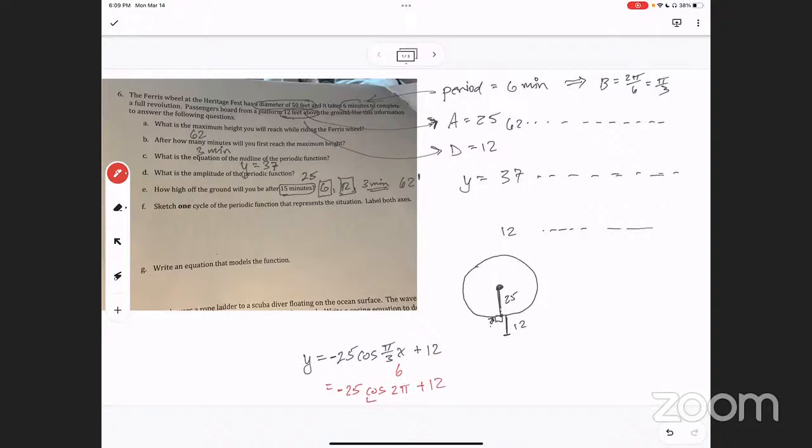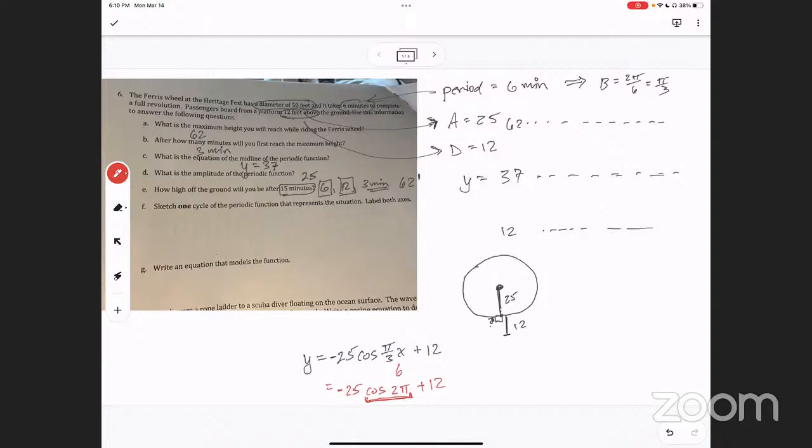And the cosine of 2 pi is like the cosine of 0, right? And the cosine of 0 is 1. Cosine is your x coordinate, it's 1. So why is it negative 25? Not negative. I'm just trying to think of why I made it negative 25.